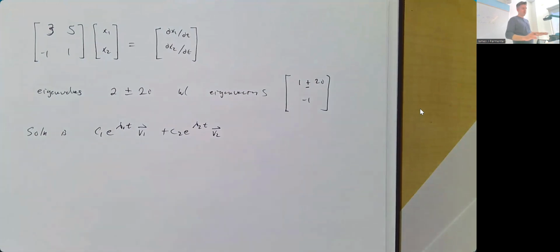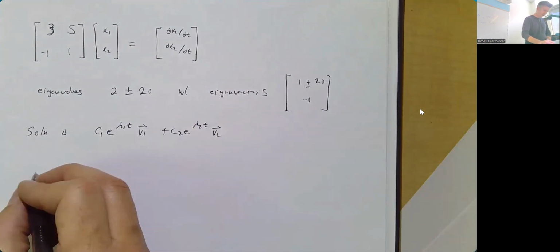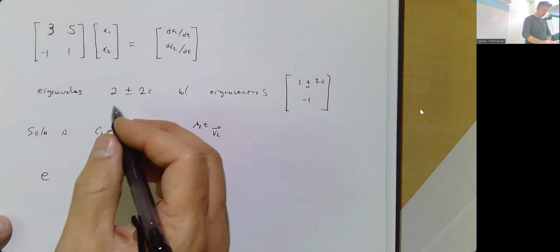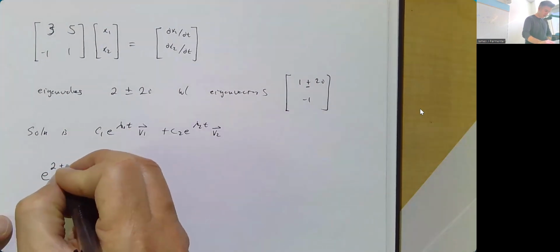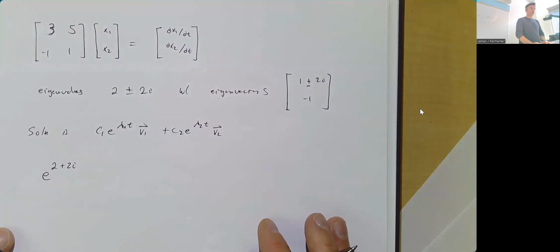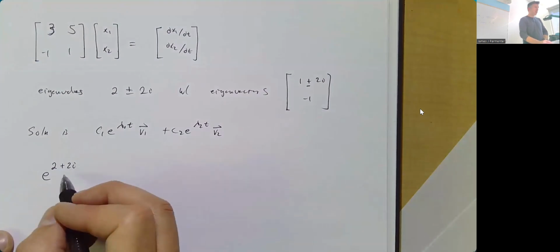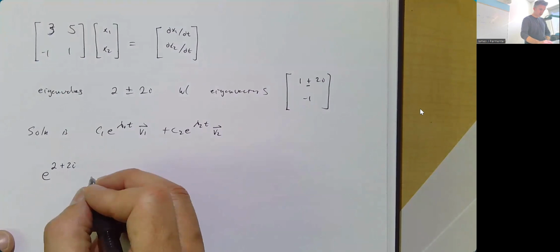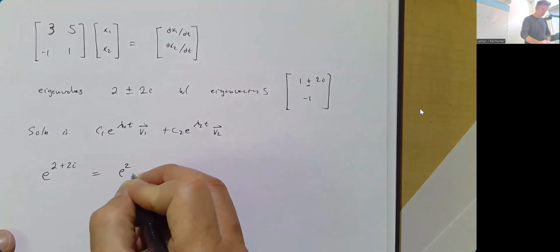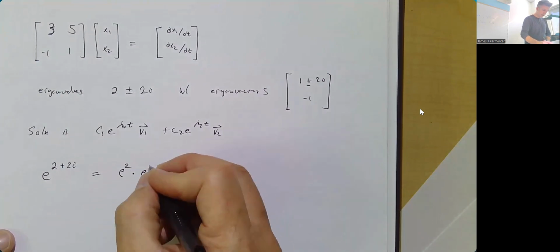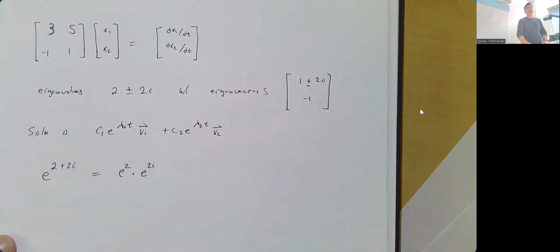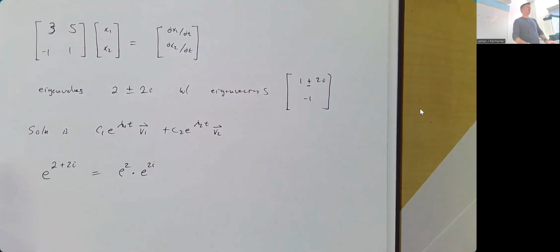Although we're not going to write that down exactly right now, the thing that comes into play here is that when I look specifically at e to the 2 plus 2i, I'm going to break it up into two pieces. It's going to be e squared times e to the 2i. And then there's this formula for e to an imaginary coefficient, which is kind of weird.